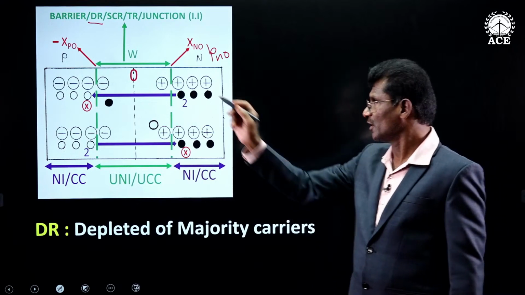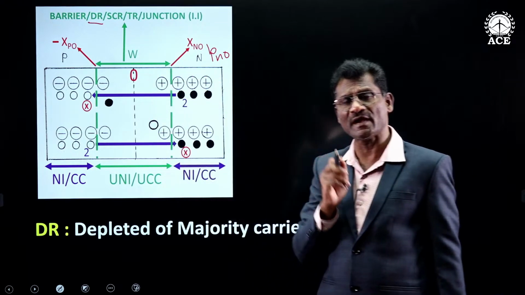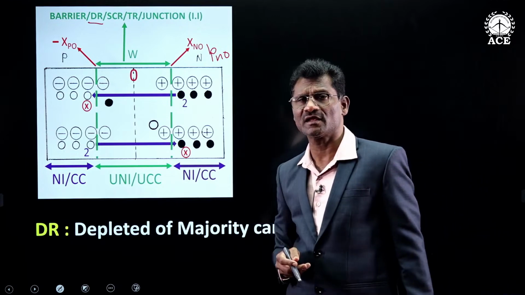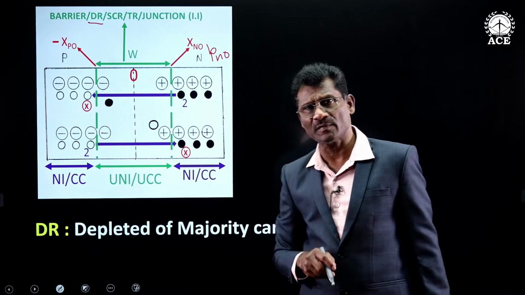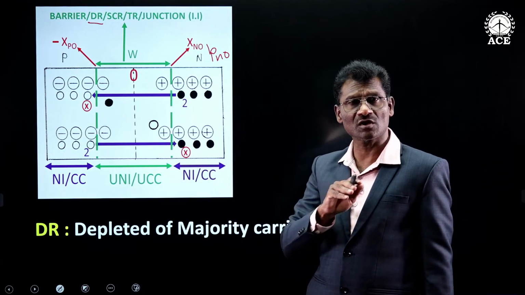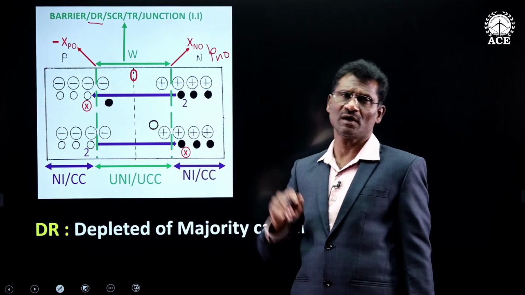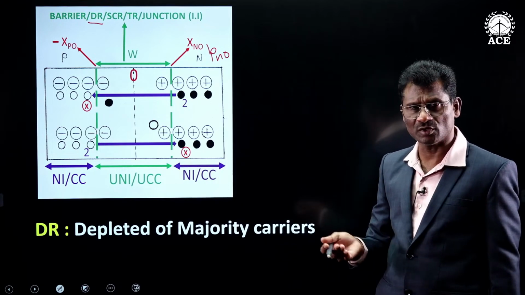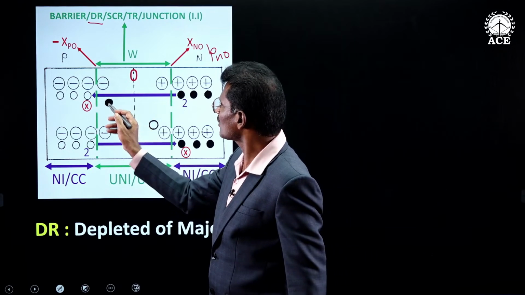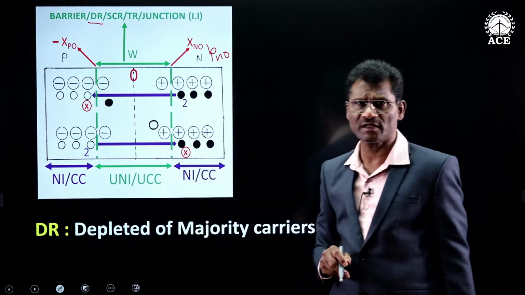Why? Because depleted region means depleted of majority carrier. We cannot deplete minority carrier. If you want to deplete minority carrier, room temperature should be made 0. That is, electron hole pair generation should not occur. That is possible only if temperature is decreased. Similarly, this electron in P side is minority carrier.